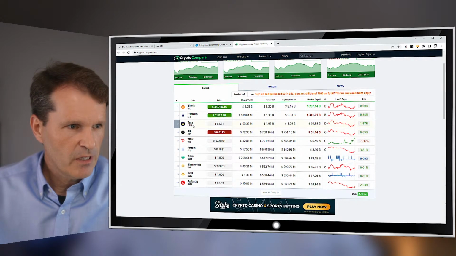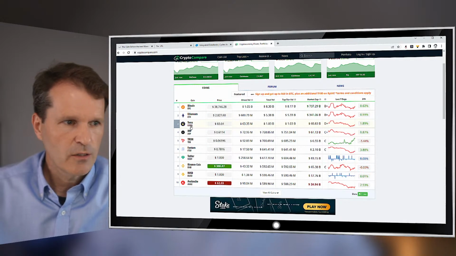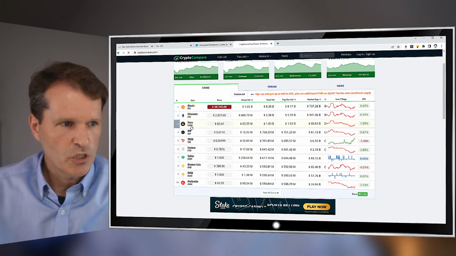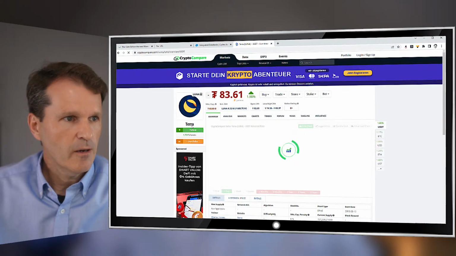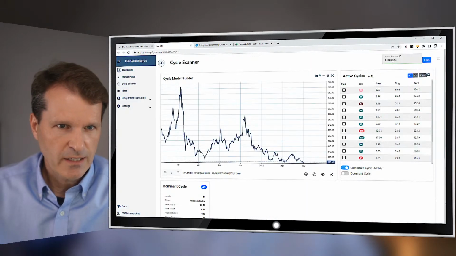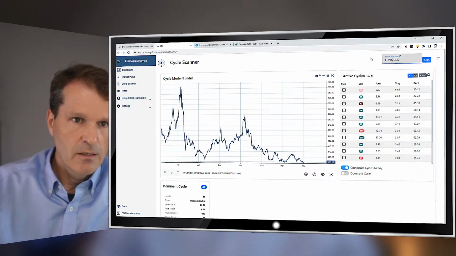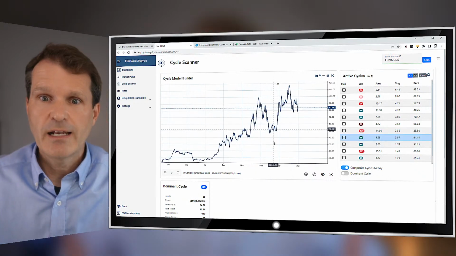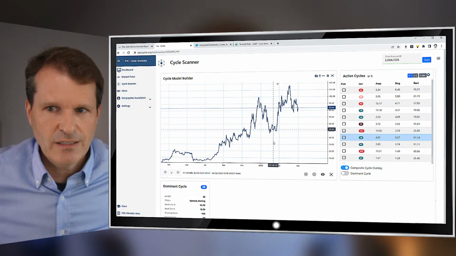For example, if you want to analyze Luna coin, just use the abbreviation which is shown here on CryptoCompare. Yes, it is Luna. So you can go to the cycle scanner and just use this coin, and now you can analyze cycles in this crypto asset class.